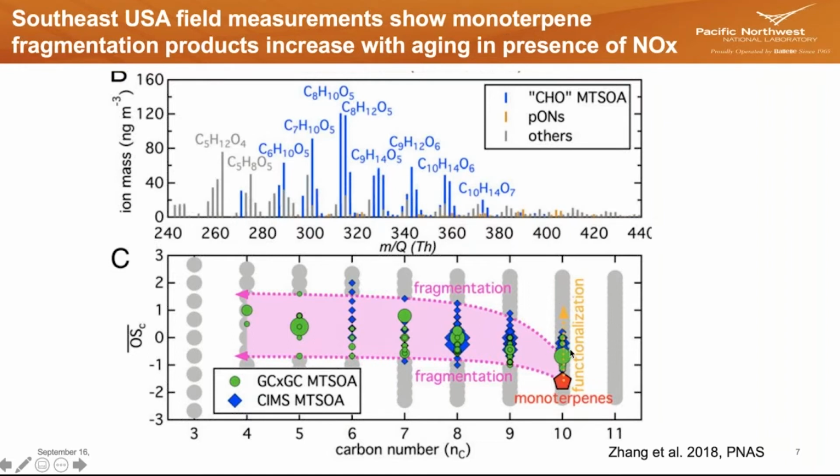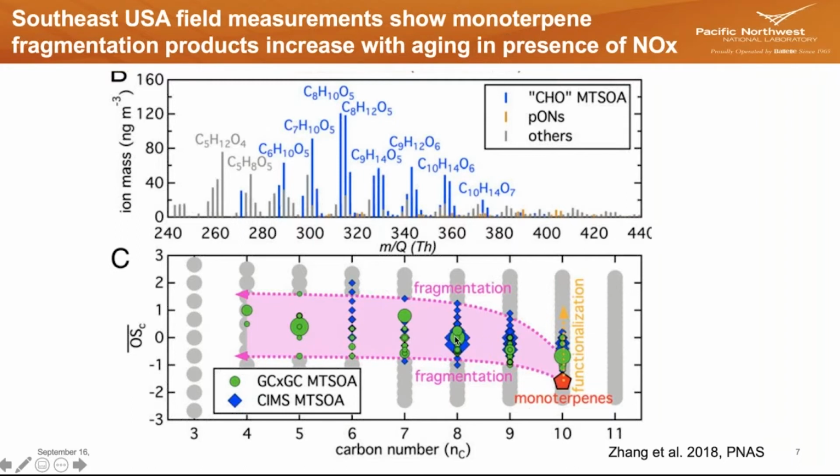You are adding functional groups to the carbon chain, but at the same time, you are fragmenting the molecules and creating a bunch of fragmented products. So it starts as C10, but you see a lot of lower carbon number compounds also forming. So based on more advanced instruments now, we can see that these effects of functionalization and fragmentation are actually happening in the field.